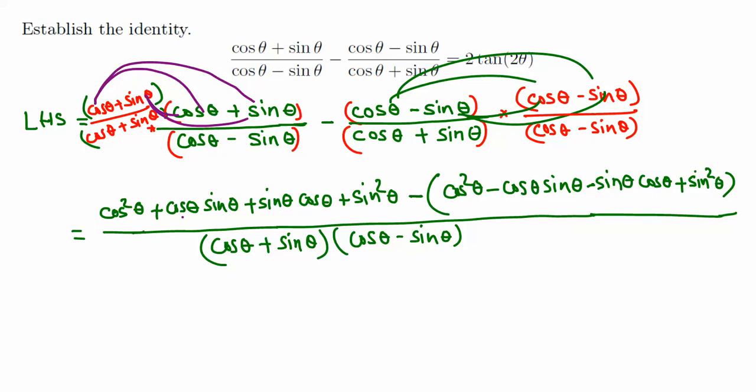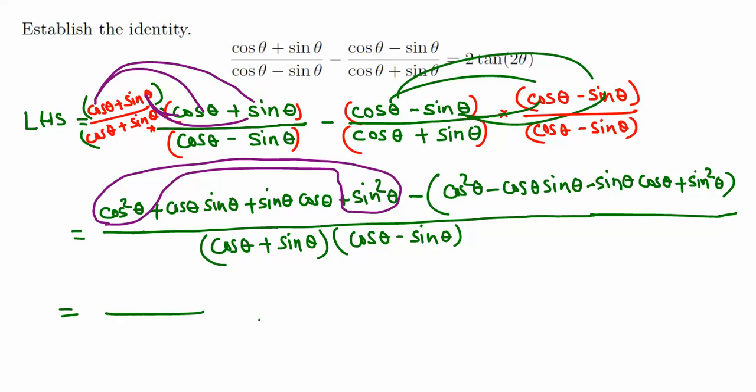Now cosine sine, sine cosine is like BA plus AB plus BA plus AB. BA is the same as AB when we have multiplication, so we have two copies of sine cosine. And we have cosine square plus sine square, and we know that cosine square plus sine square is 1.